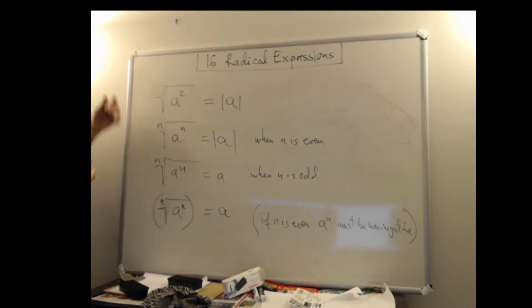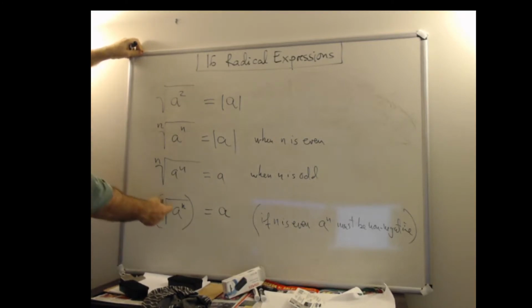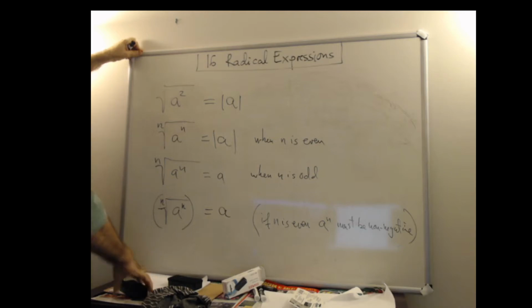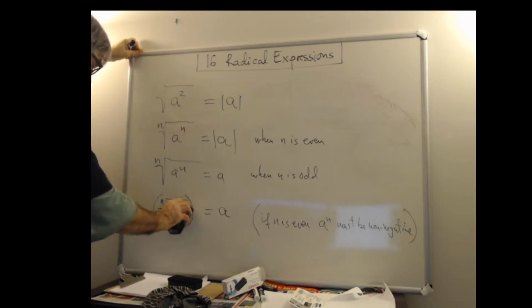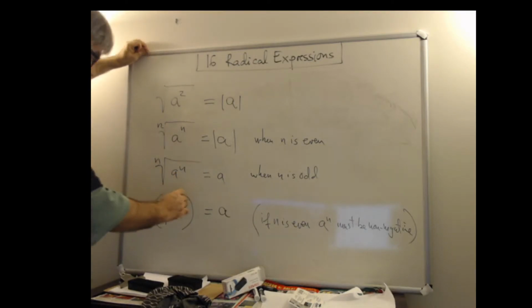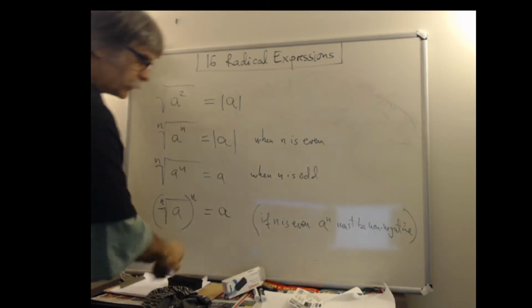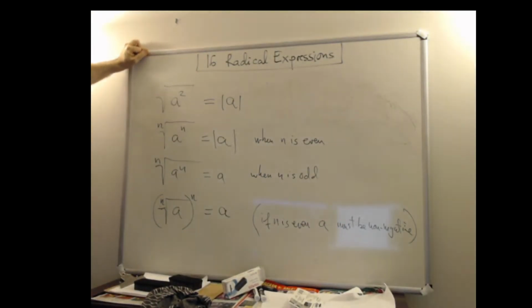If you do that in reverse, if you start with the power first and then a radical, or a radical first and then a power, sorry. I wrote the same thing again. I should write it like that. Right? So if you write it in reverse, you get the radical first. That's what I meant to write. If you have a radical first and then you make a power, you end up with the same thing you started with. Radicand a must be non-negative.